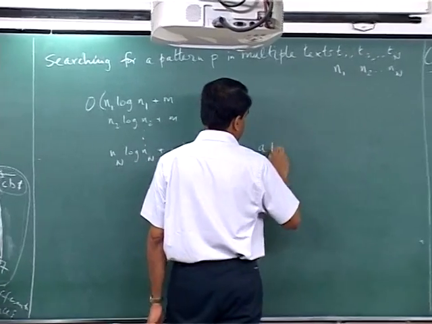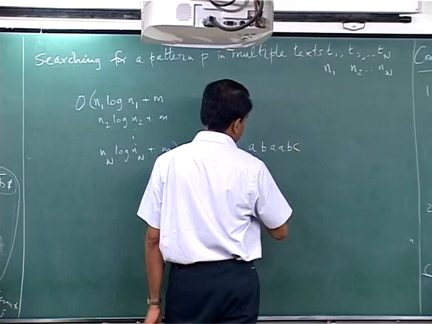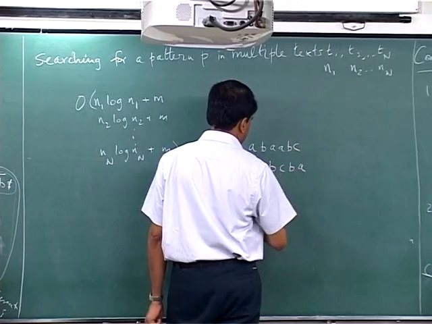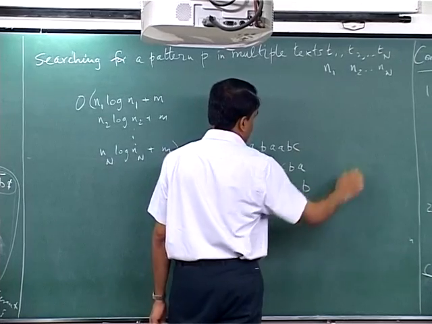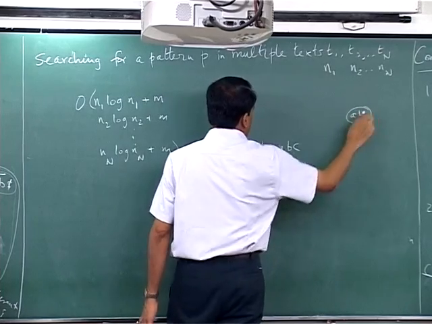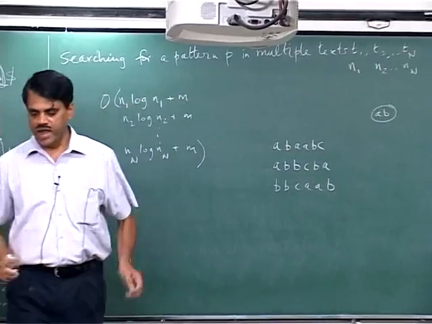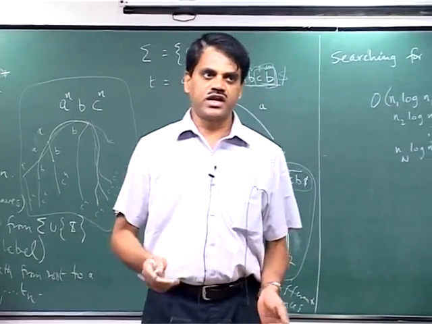I have a text ABC, another text, and another text, and I have a pattern, let's say AB, and I want to check where all it's appearing in these three texts. Then I can build suffix trees for each one separately and run my search algorithm.